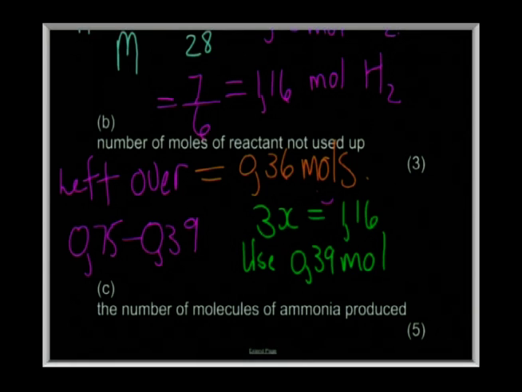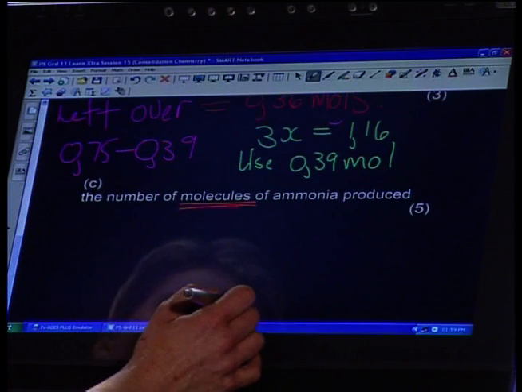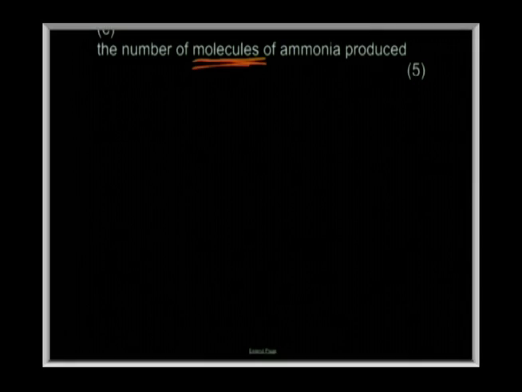Right. Question C asks us now to calculate the number of molecules of ammonia that is produced. Now, before I can calculate the number of molecules of ammonia produced, I'm first going to calculate the number of moles of ammonia produced. And I'm going to write down my balanced chemical equation once more.